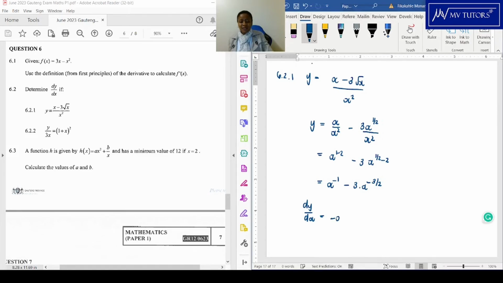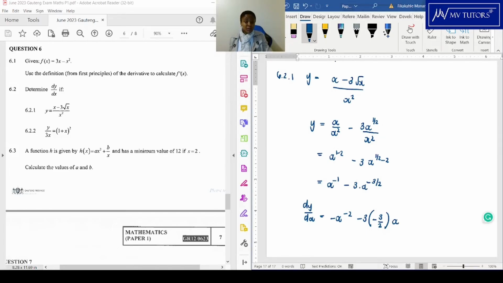So we have negative x to the power negative 2. Remember the power rule, take it down and subtract 1. That is what we are applying over here. Then we have negative 3 multiplied, bringing down the exponent, which is negative 3 over 2, multiplied by x.